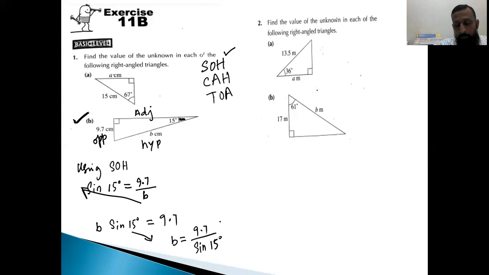In the numerator, I'll be writing 9.7. I'll bring my cursor down. I'm going to press sin, and then bracket opens, 15. I need to close the bracket. So my final answer is found to be, give your answer in decimal, 37.477.